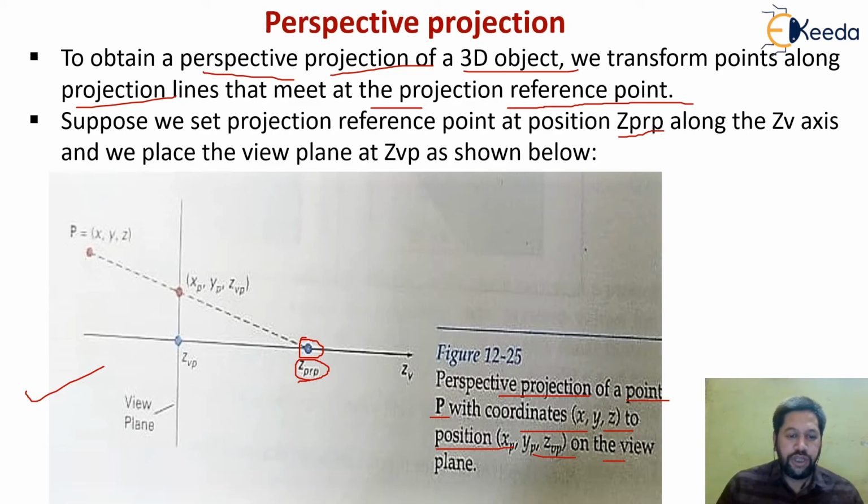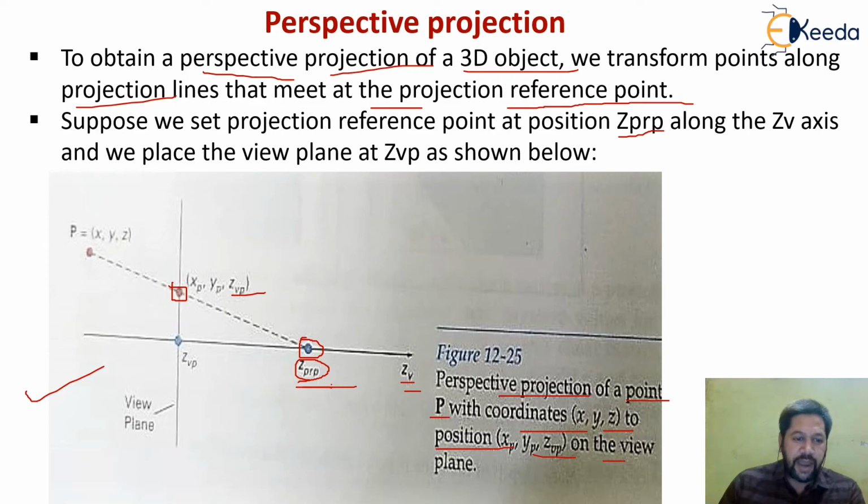Now for this reference point, what is the angle that I'm having? What is my position? I consider in this plane, this is my XP, YP and ZVP. Why is it a Z value? Because from the Z view I have taken this as my projection reference point, so this Z value is with respect to ZVP.